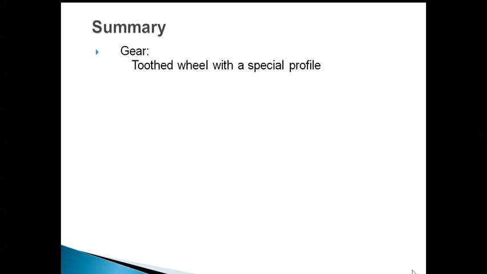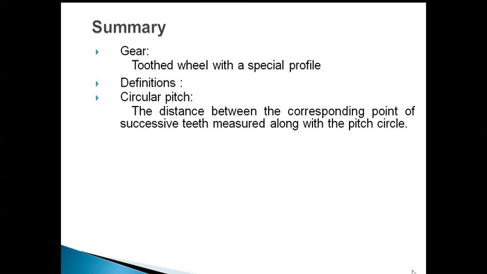We already discussed the belt drives and chain drives. Here we just finished the gear drives. Gear is nothing but a toothed wheel which has a special profile, so that two gears mesh together and transmit the power from one shaft to another shaft. Gear is a positive drive. Positive drive means there is no slip.